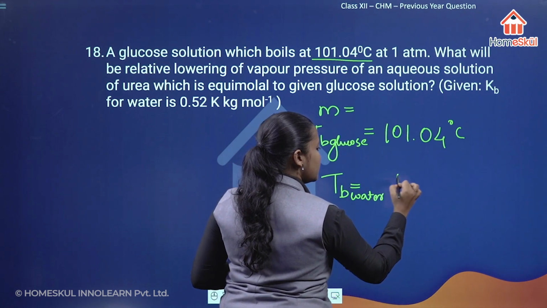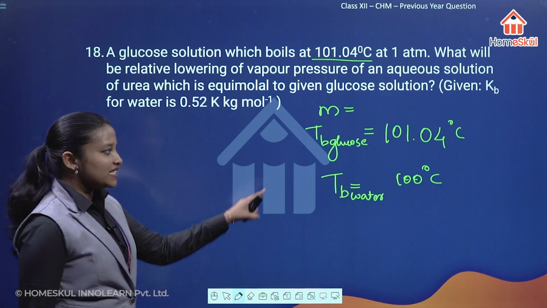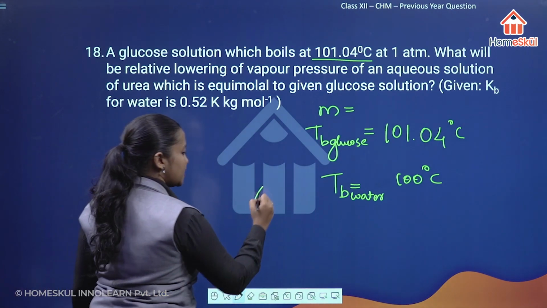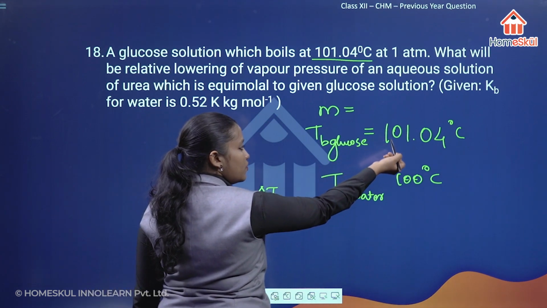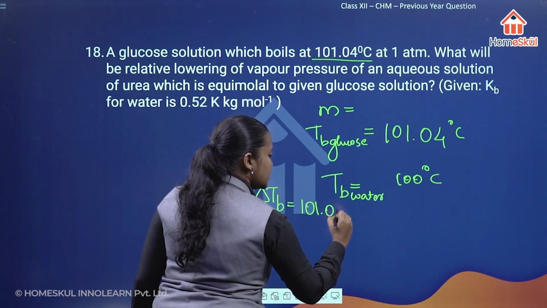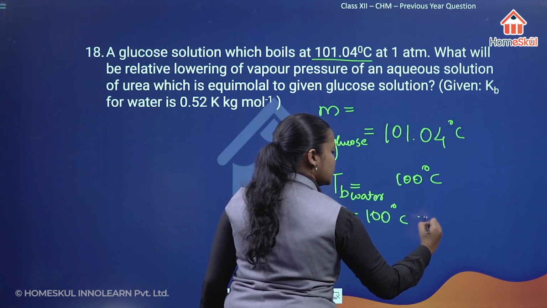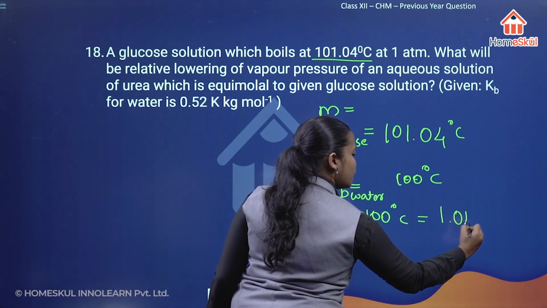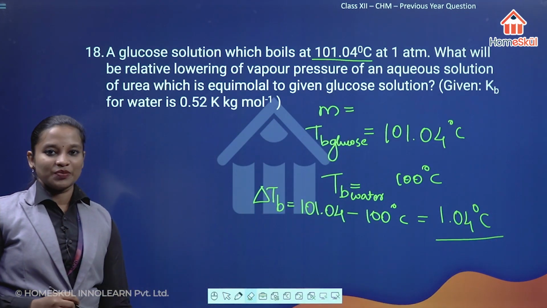It is 100 degrees Celsius. From this data, we can find delta Tb. Delta Tb is equal to 101.04 minus 100, we get 1.04 degrees Celsius as the delta Tb value.